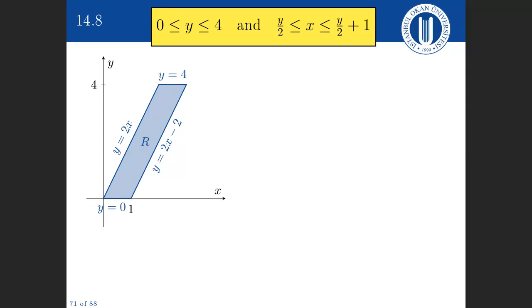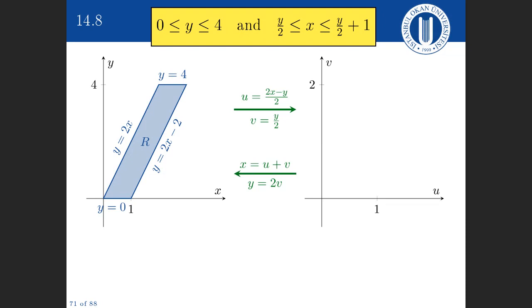And we need to do our transformation. We're told that we're going to use u is equal to 2x minus y over 2, and v is equal to y over 2. Now let's swap these around to solve for x and y.